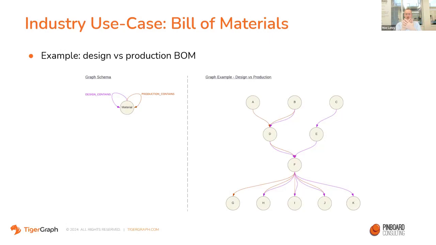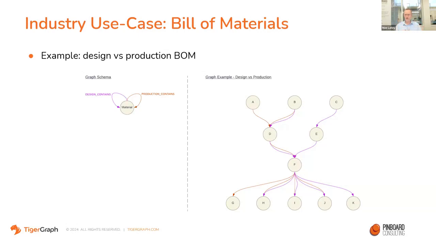If you can get both of those into your digital twin, you can start to see mismatches. For instance, on the left, if we look at the production side and the design side, we can go, oh, okay, to make B, we need D. To make D, we need F. To make F, we need H, I, and J. That could be one recipe to make B.